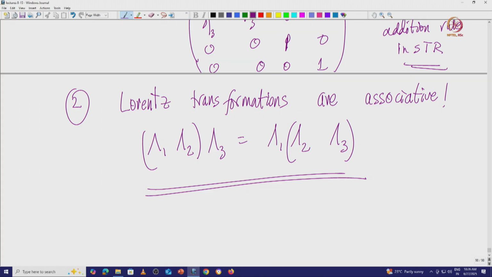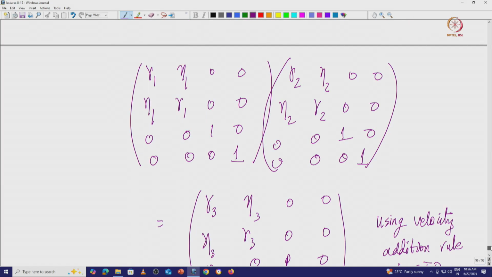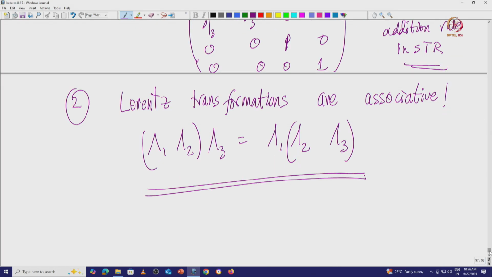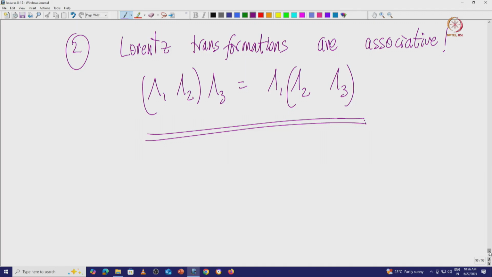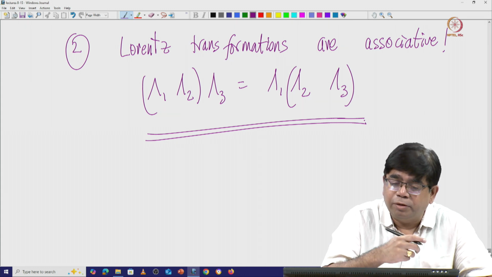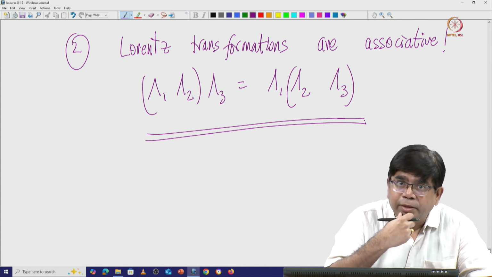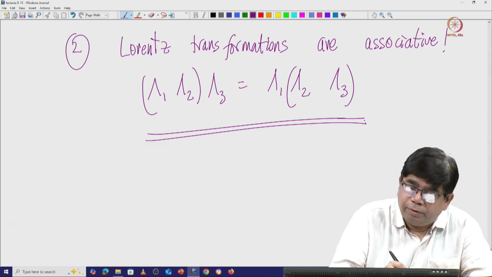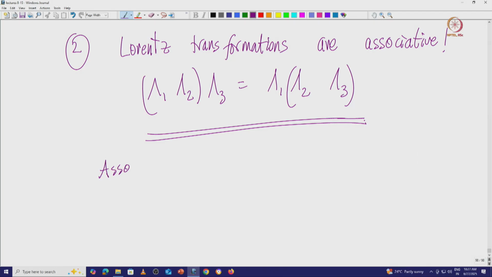For this you can do a similar thing to what we did. This will leave the metric invariant, and the condition that the Lorentz transformation should leave the metric invariant also shows that associativity is always valid for Lorentz transformations.